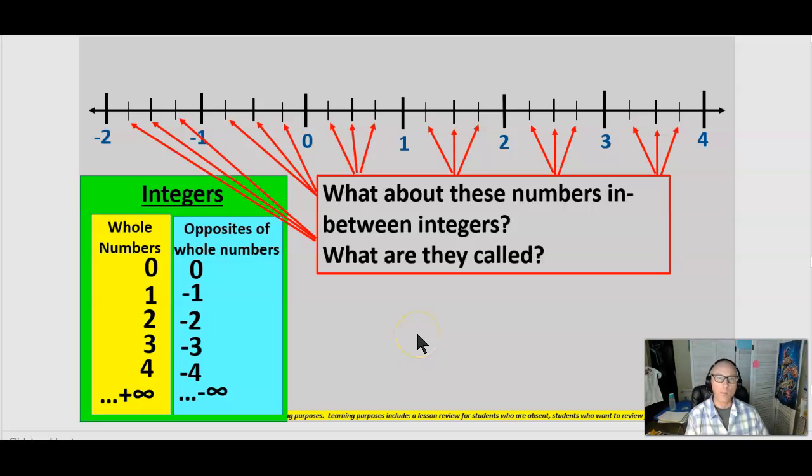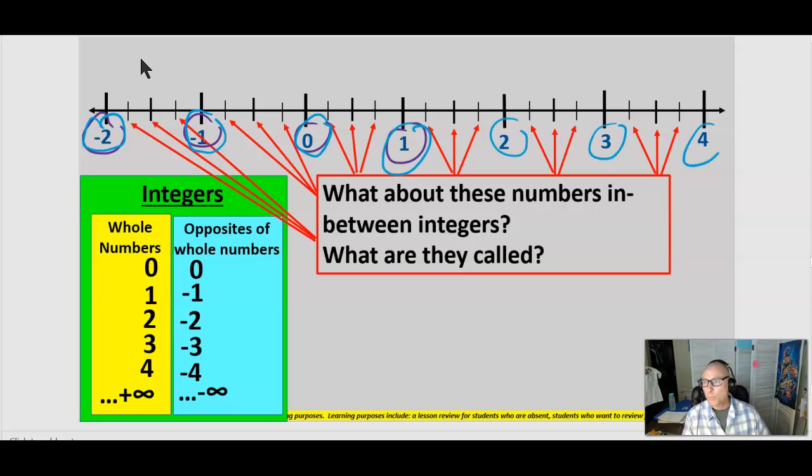Next, rational number part 2. What are all these numbers in between these blue numbers here? I should use blue. No more shoulding. I'm going to use blue. So these numbers in between, what are they called? The blue numbers are called integers, right?